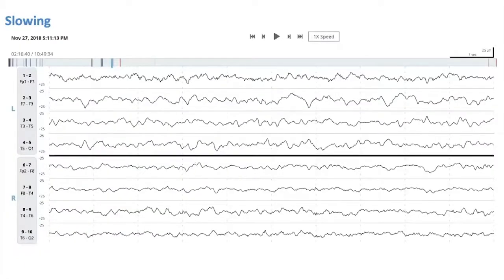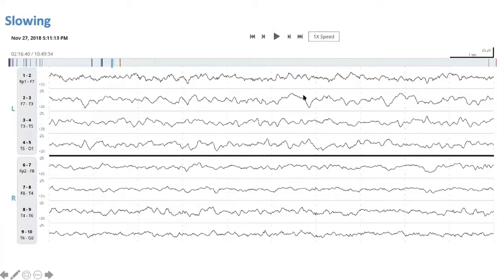Compared to here, Doctor. So obviously this one shows slower frequencies. And slower frequencies are not necessarily abnormal because slowing like this can be seen during sleep. And the slowing of sleep is like this, that there's a mixture of frequencies. You're not seeing the same duration wave across the page. They're varying within a narrow range of maybe between 1 and 4 hertz.